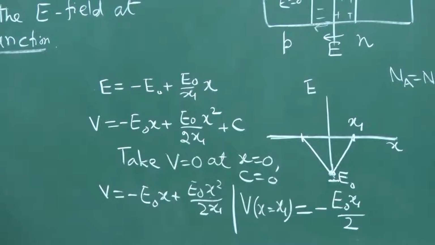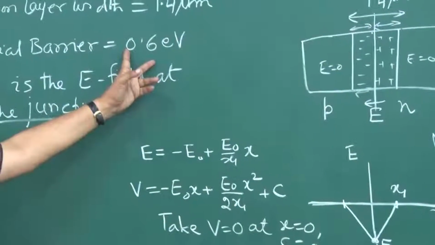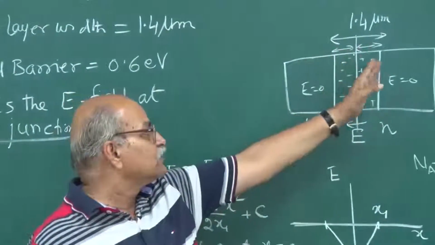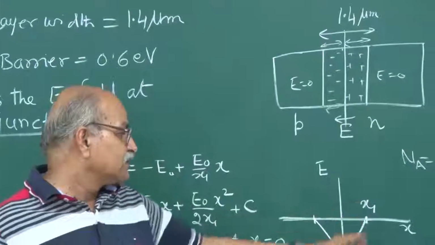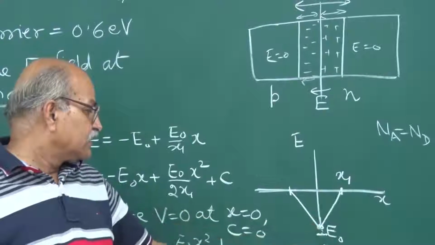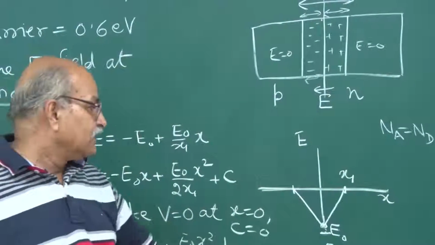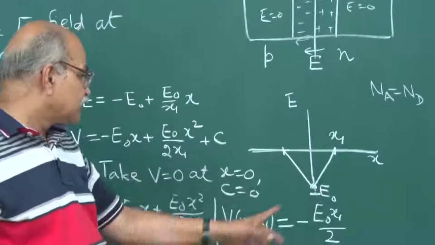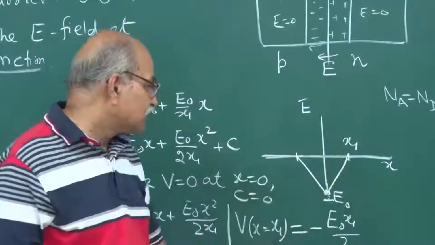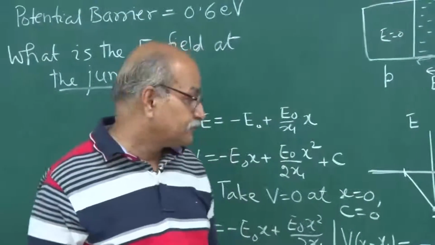But the total potential barrier is 0.6 electron volt from here to here, and it is symmetric. So if you have 0 potential here, and this side it is something, the same will be on the other side. The difference from x equal to 0 to x equal to x1 should be 0.3 volts.